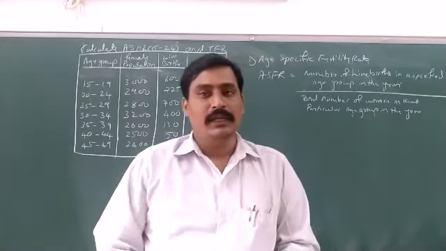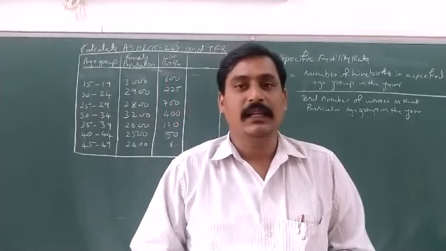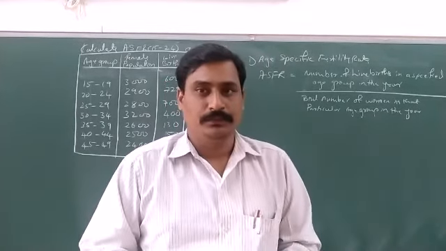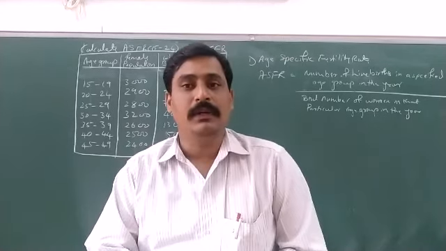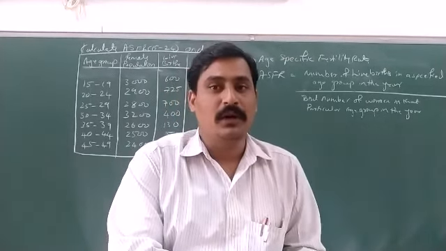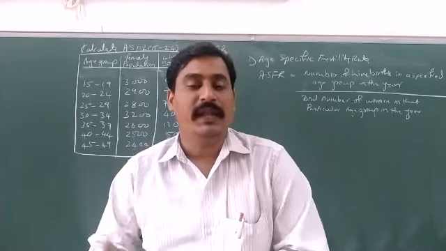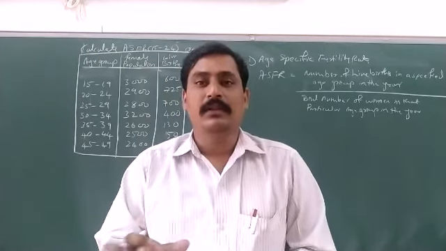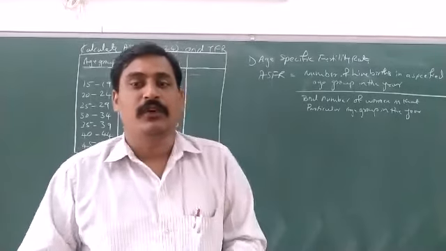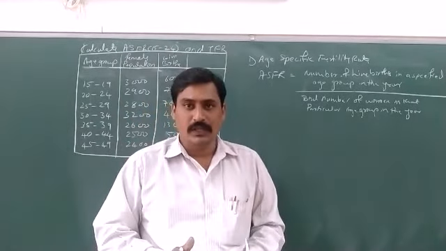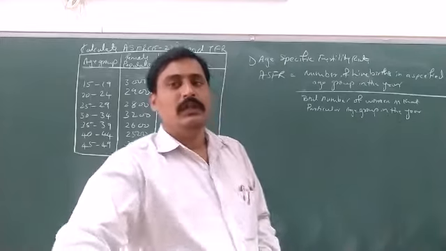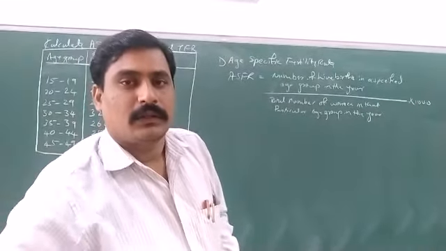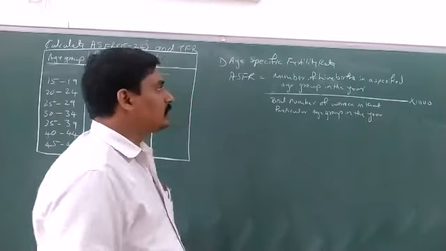Suppose you are calculating fertility rate for the 15 to 19 age group, then total number of live births occurring to women aged 15 to 19 years are taken, divided by females of the 15 to 19 age group for that location during the year. Okay. So we can write this.